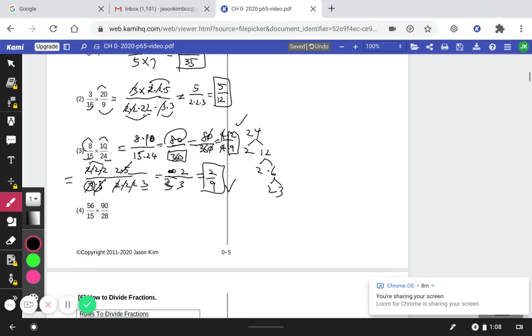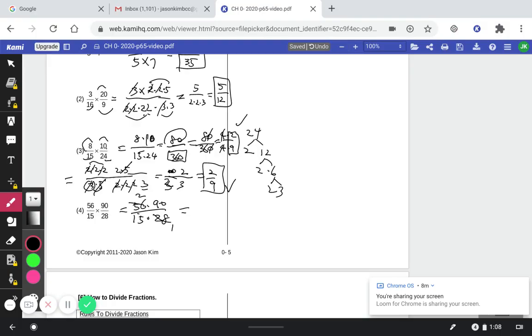Okay. The last one would be 56 times 90 out of 15 times 28. Now I'm going to use a different way. I know that 28 goes once and 28 goes into 56 twice. How do I know that?